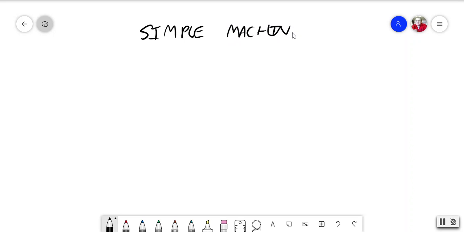And we said machines in general, simple machines in particular, allow us to do work more efficiently.